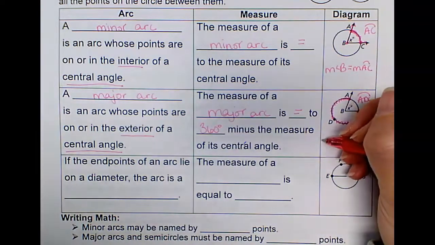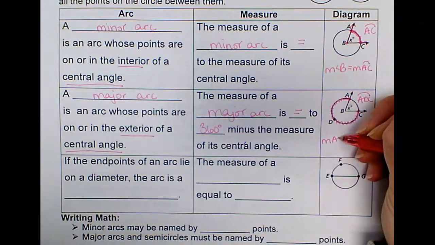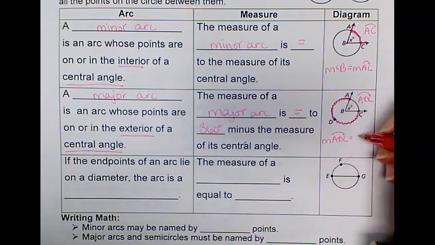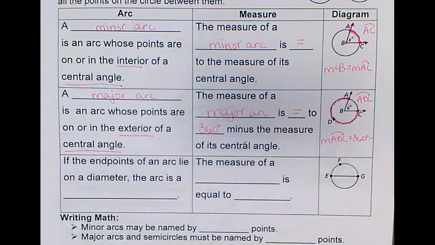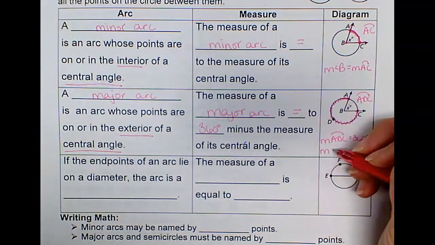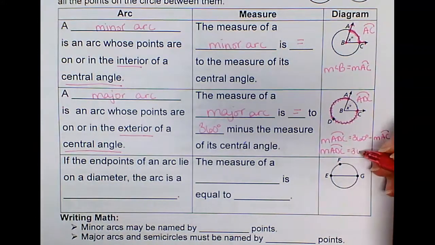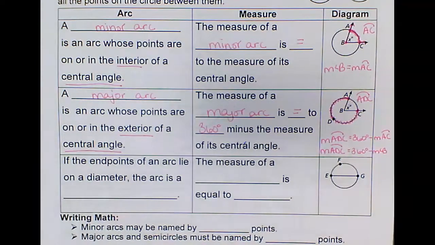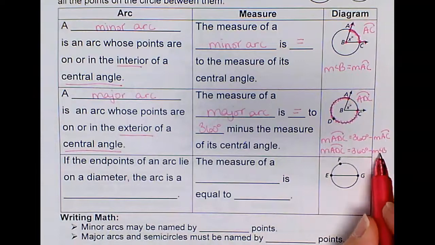So, the measure of arc ADC equals 360 degrees minus the measure of arc AC. We could also say that the measure of the major arc is equal to 360 degrees minus the measure of angle B, because these two measures are equal.